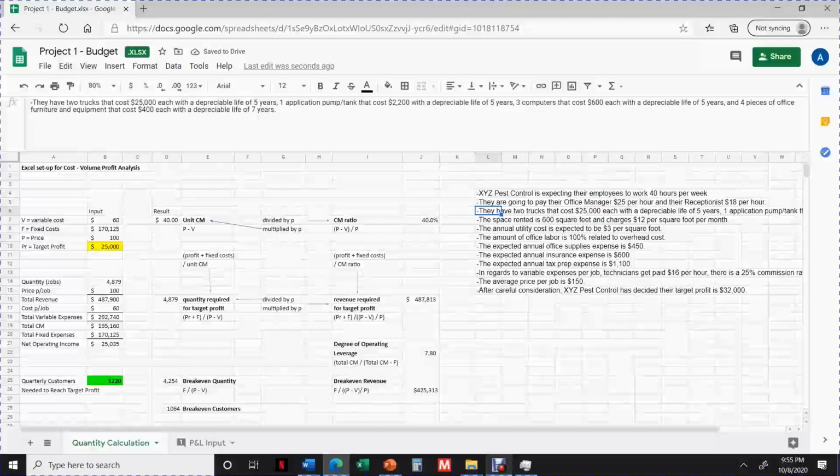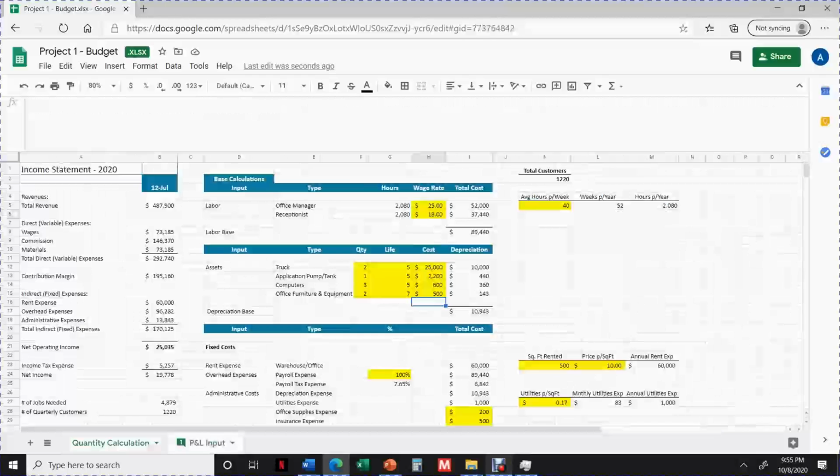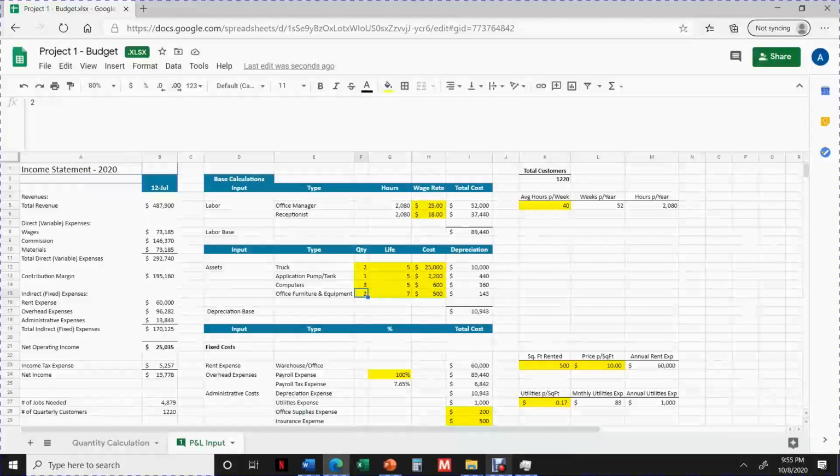And our office furniture has 4 pieces of $400 each with 7 years. So 4, 7 is good, and 400. So we're now finished with the assets, and this is what the depreciation of the assets is per year.